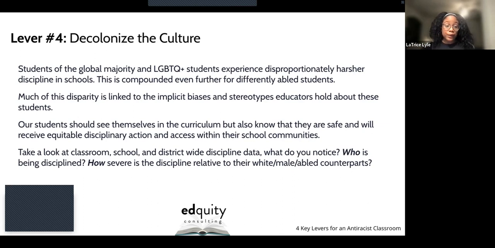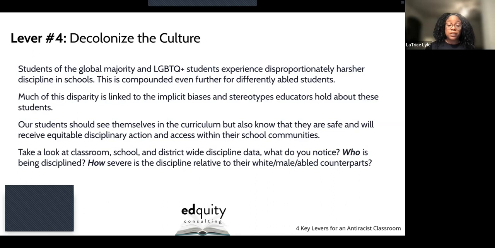Instead of calling for support from the front office, perhaps having a space for him to go and calm down, and then as a teacher reflecting, okay, why might this child be screaming and acting out in this way? A lot of times it's because he doesn't feel that he's being heard, right?